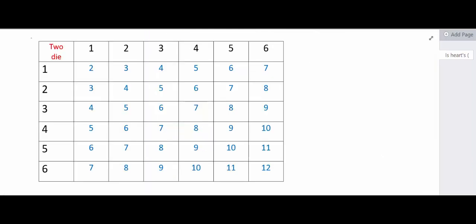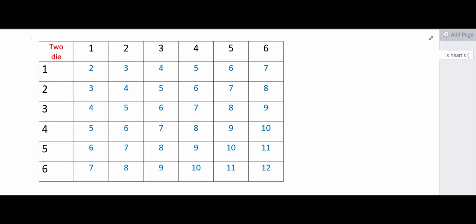Let's look at some more examples: rolling dice. So suppose you have two dice, and each die is a fair die. So each die has an equal probability of rolling any number.